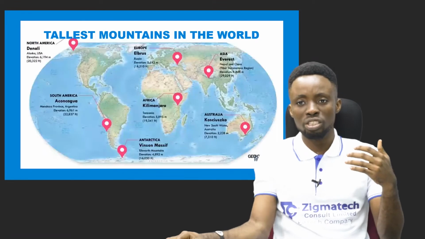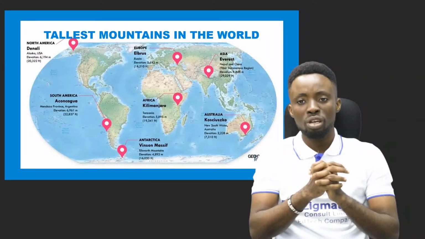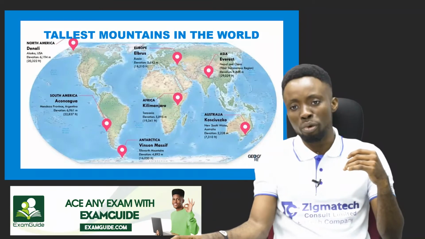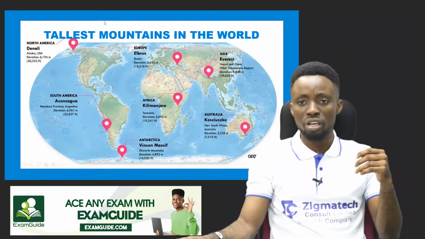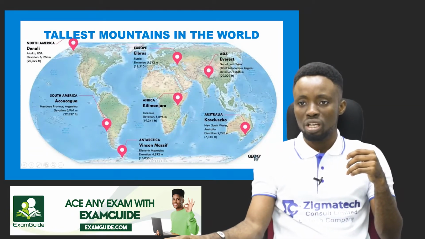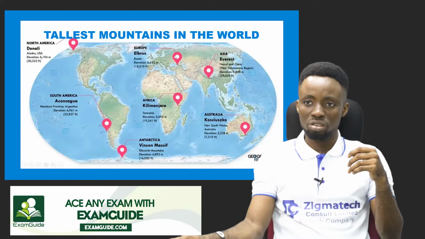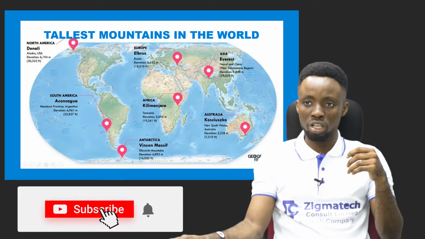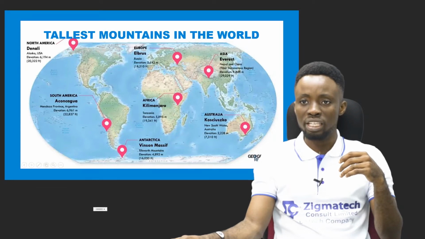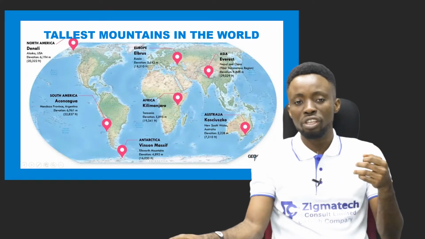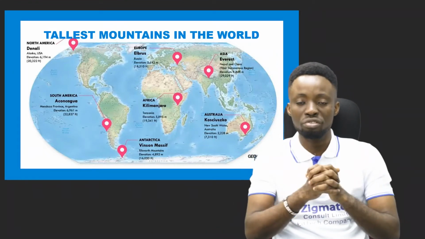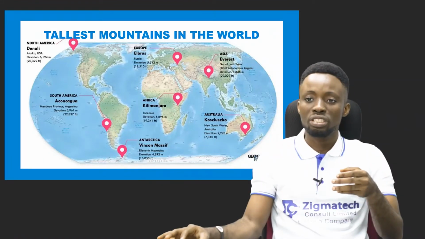So let's look at it in terms of a pictorial representation. Now, if you look at the map of the world as we have here, you will see that Mountain Elbrus is found just below the Russian territory, and it has an elevation of 5,642 meters, or 18,000 feet from the sea level.